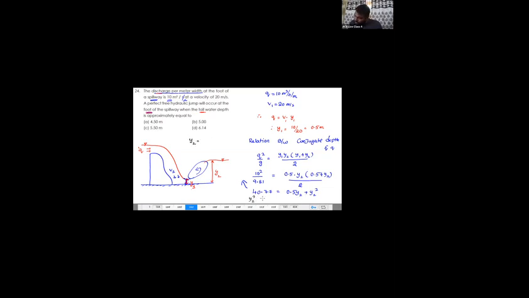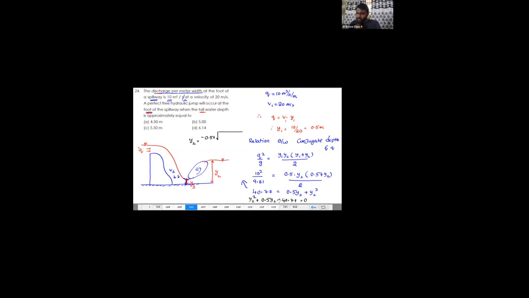y2 squared plus 0.5 y2 minus 40.77 equals 0. This is a quadratic equation. What is the root of the quadratic equation? Minus b plus root of b squared minus 4ac.